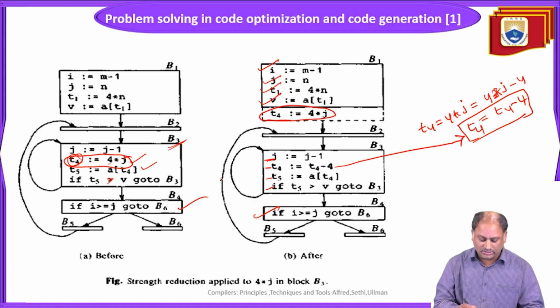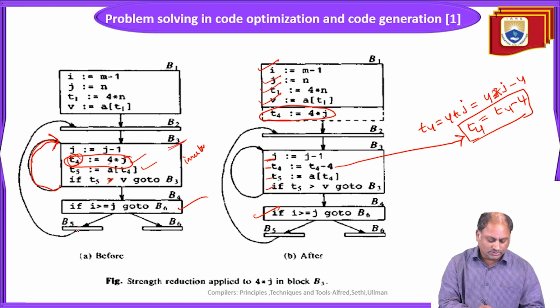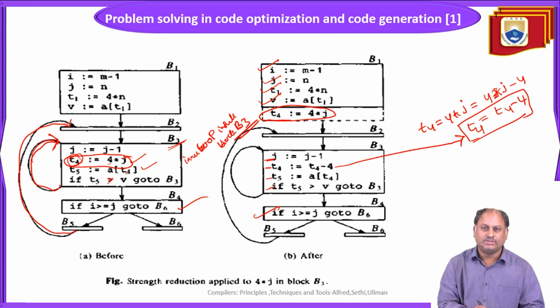This block of statements is repeated several times, and this is the inner loop, inside block B3. In this inner loop, 4 star J would be computed several times.